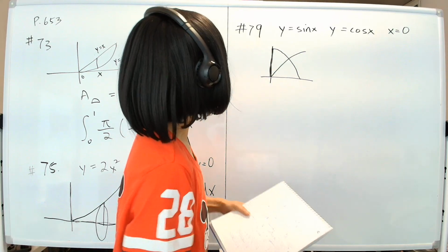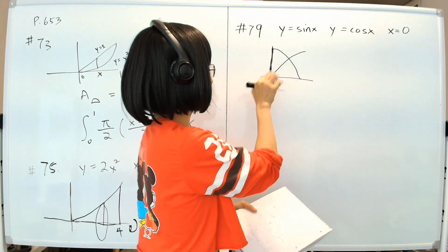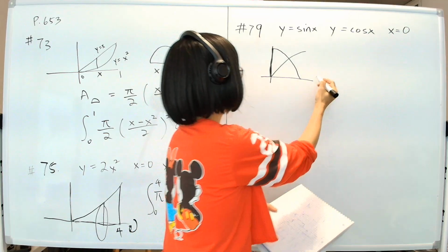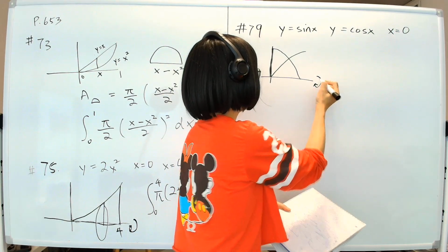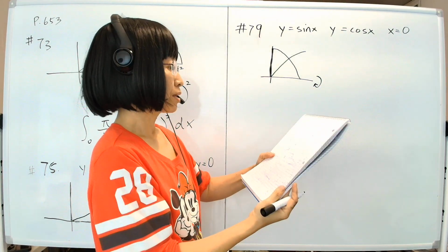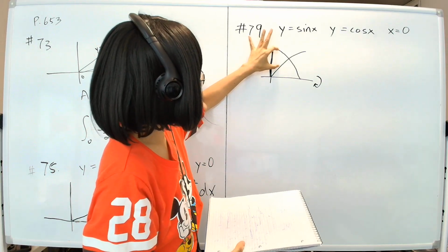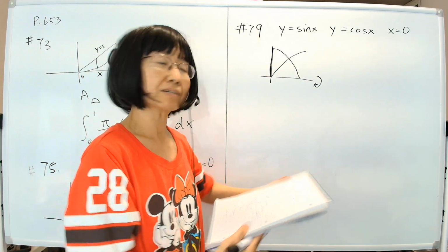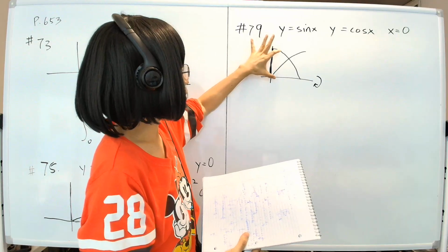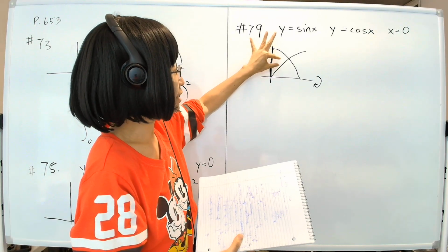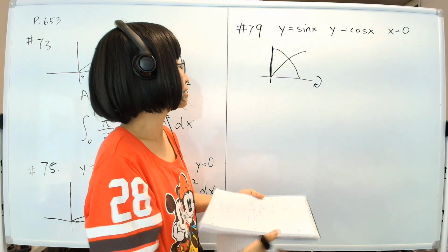And so our region is this part right up here, but we are supposed to go around the x-axis still. Therefore, you imagine this part spinning around, then it will become a washer. That is, we need to figure out what the whole thing is and then subtract what's inside.